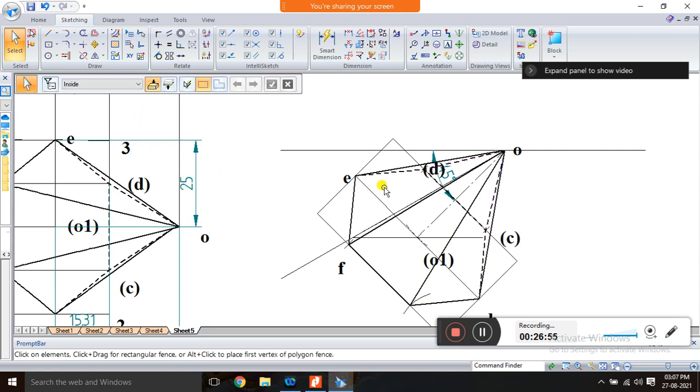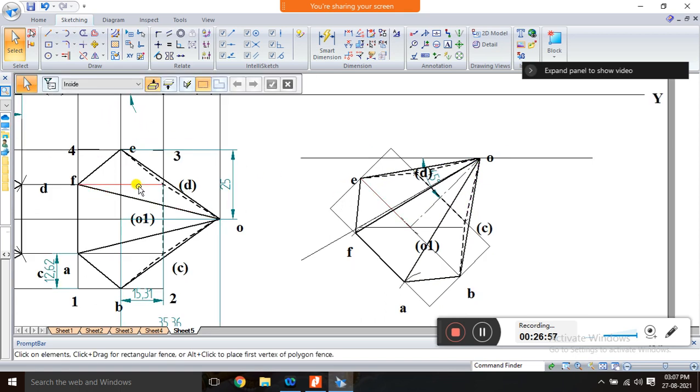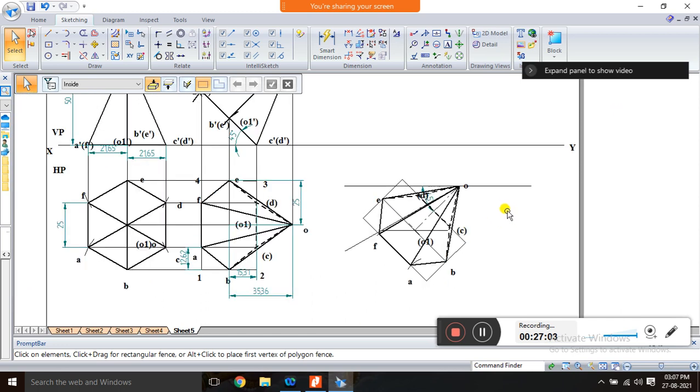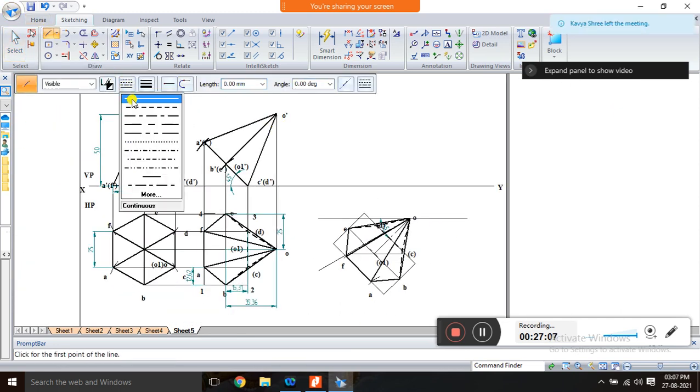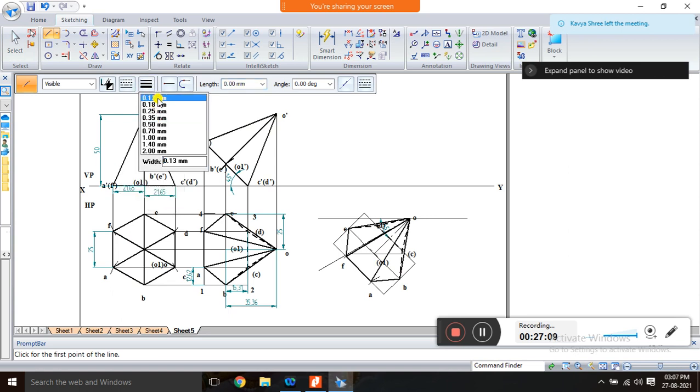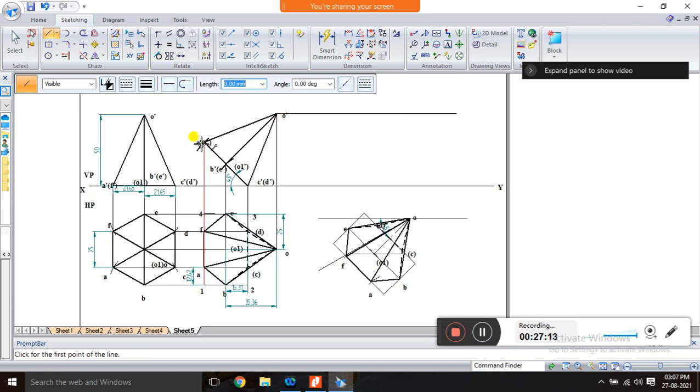So I just reconstructed this second position top view for the third position with respect to the beta angle. Clear? Once this is over, go for the horizontal projections like this for the final top view, so that we will get the final front view.